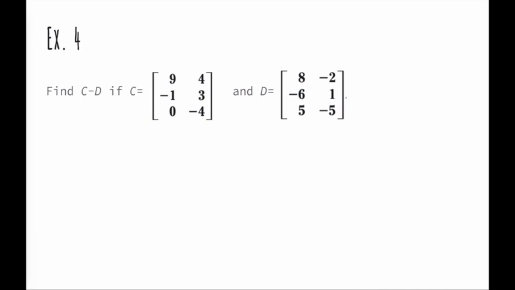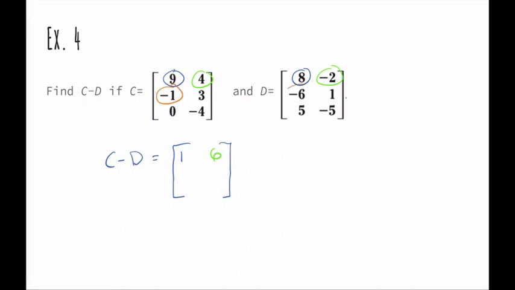And subtraction is just negative addition. It's the same thing. Again, only if they have the same dimensions. These are both 3 by 2s. And so C minus D, we're also going to end up with a 3 by 2 matrix. And we do subtract. So 9 minus 8 is 1. And 4 minus negative 2 is 6.